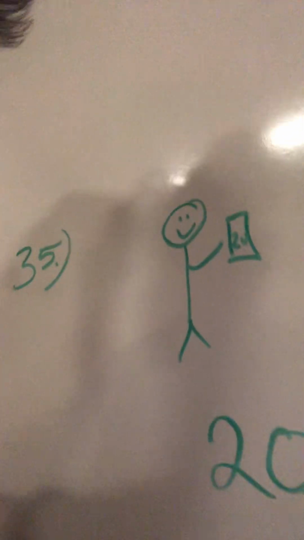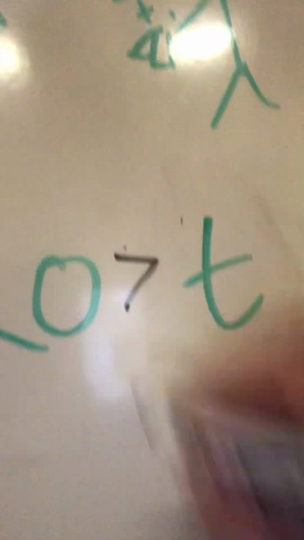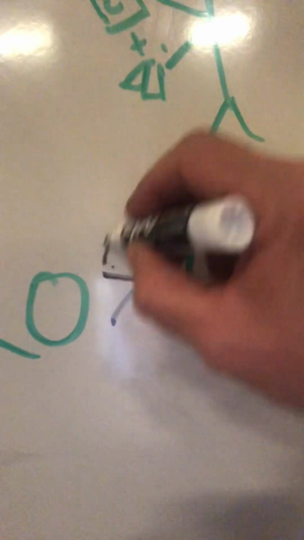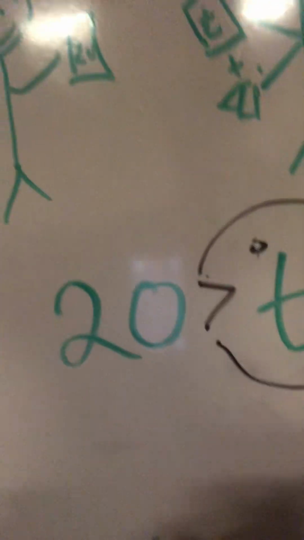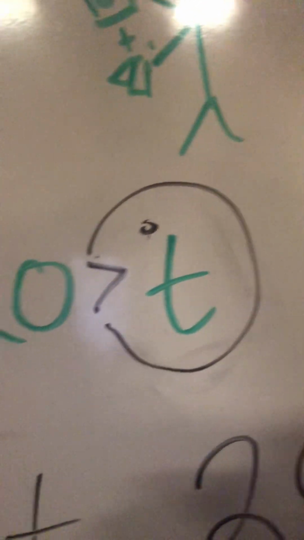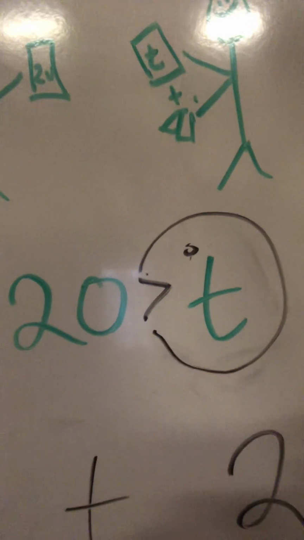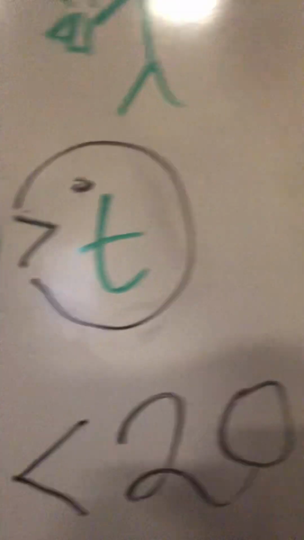So that means that 20 is greater than T. Remember, Pac-Man always eats the bigger one. You could have written it the other direction, T first and 20, and say that T is less than 20.